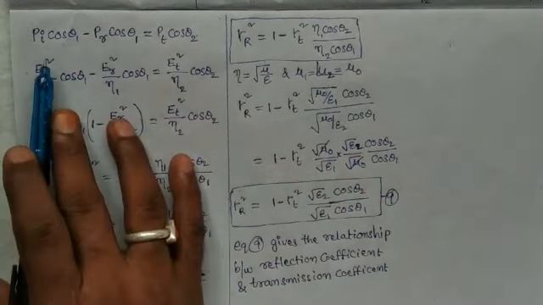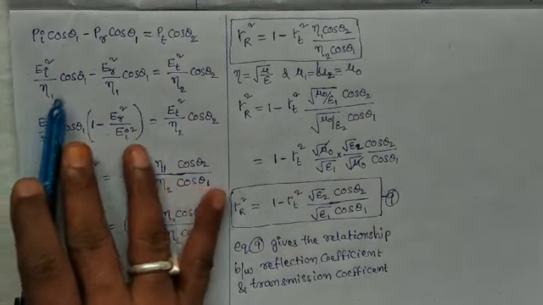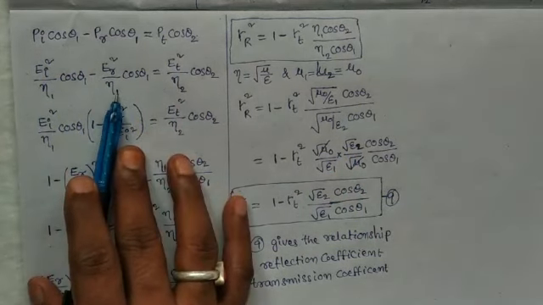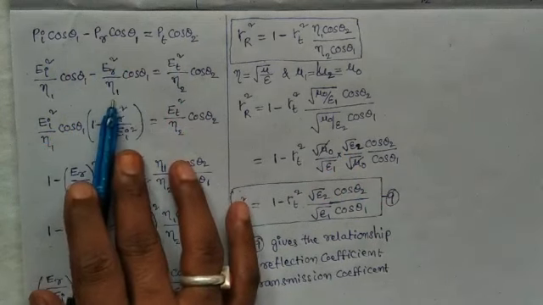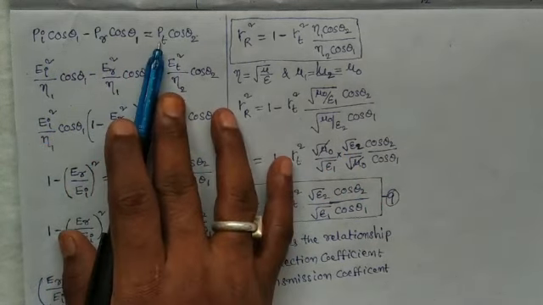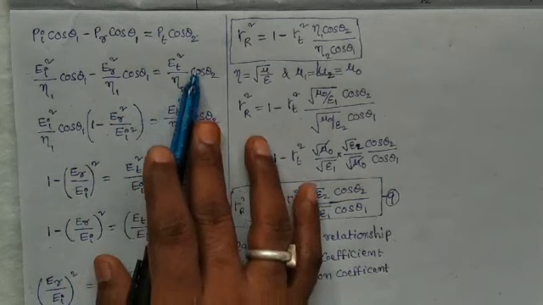Here, Pi is equal to Ei square by eta 1 cos theta 1, PR is Er square by eta 1 cos theta 1, and PT is Et square by eta 2 cos theta 2.